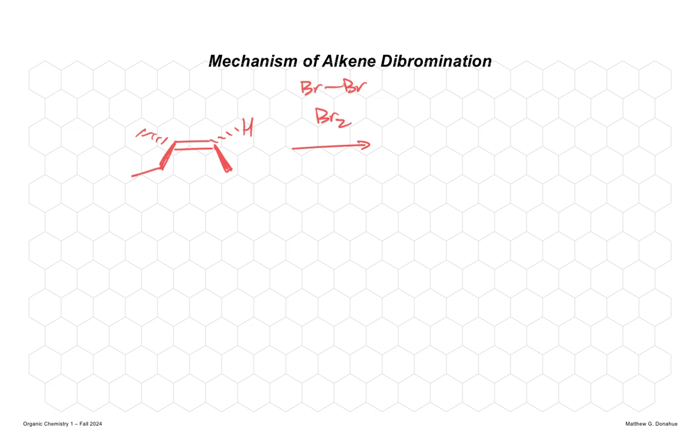So imagine these were like much bigger, like really big. So if they're big, they can't add both at the same time. So instead of approaching parallel, maybe it tilts this way. So one of them is going to add sort of perpendicular. One will add first, and the other goes away. And that forms an intermediate. And then you have this other bromine floating around. And it's going to come from the other side, because this space is already blocked. And so that accounts for the anti-addition.